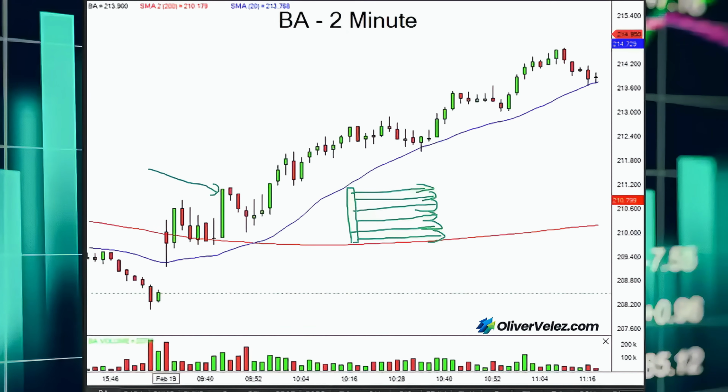Now, what's more amazing about this setup is that you see the 200 period moving average here? It's right under, and it shoots its support this way up, creating a double knit layer of support.